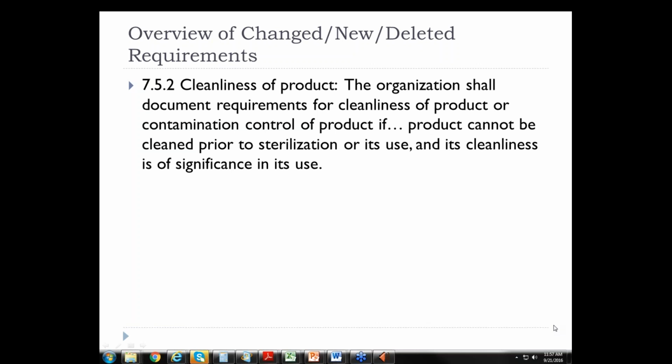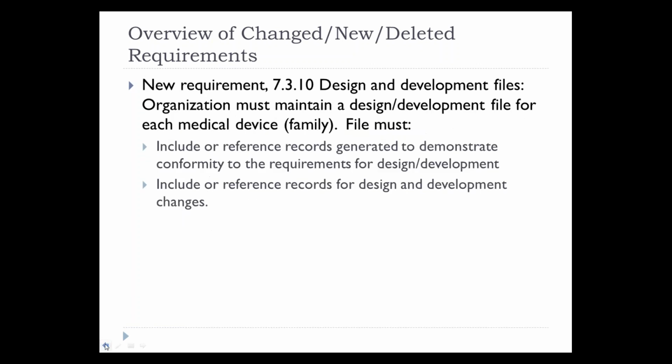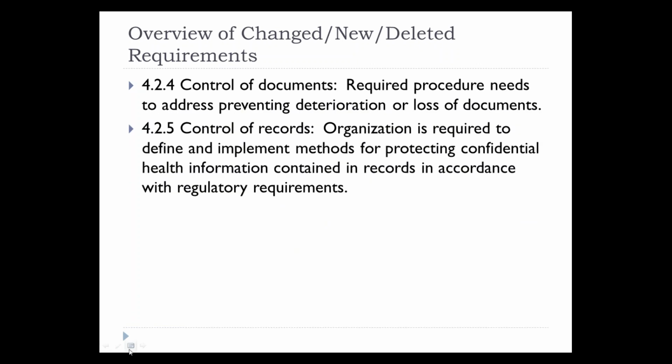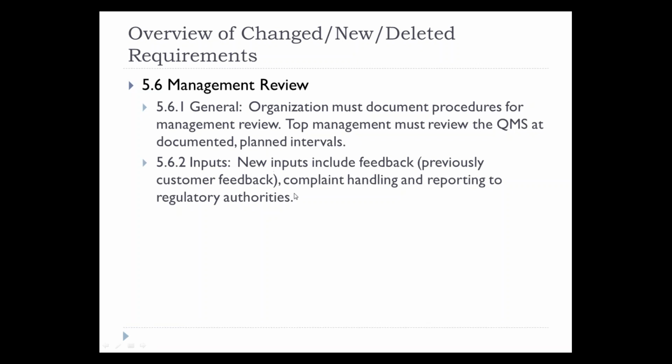Some additional questions coming in. Could you please elaborate on the other possible feedback sources other than customer for management review? Absolutely. Let's go back to that slide. New inputs include feedback, previously customer feedback.